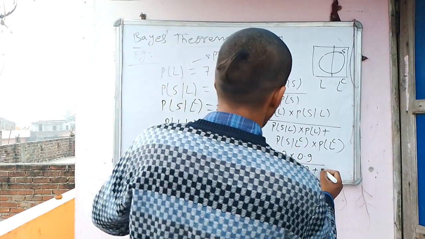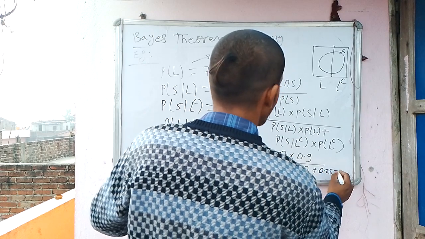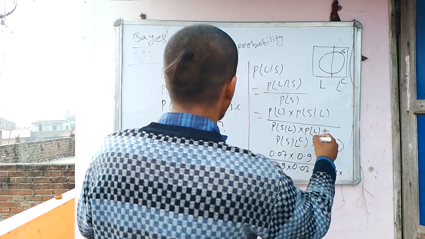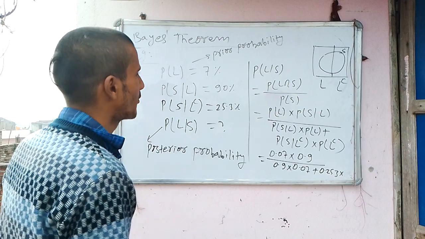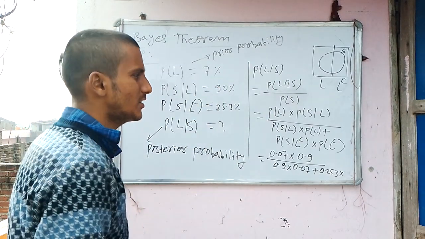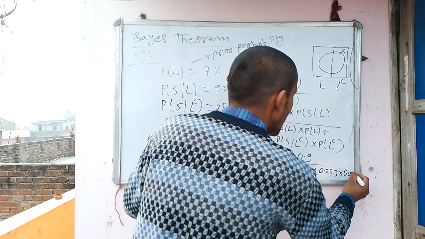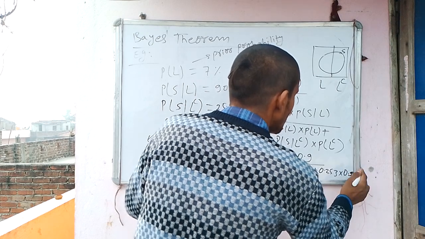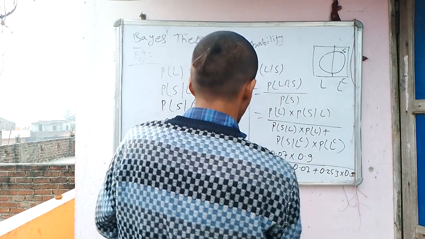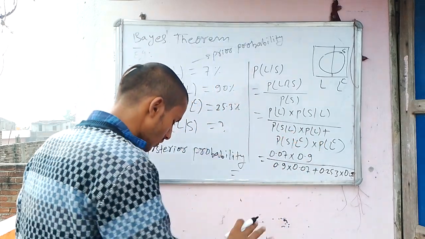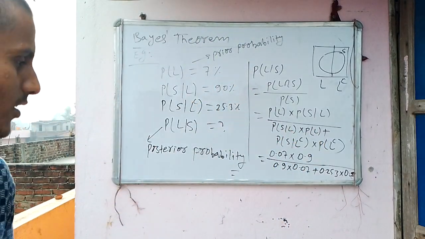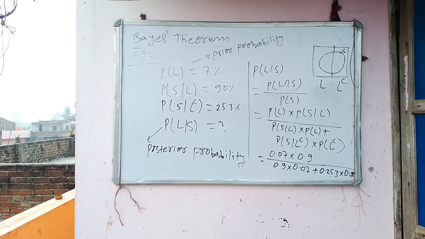This is going to be 0.253 times probability of L complement. What is probability of L complement? 93%, so 0.93. Now, if you compute this, what is that going to be equal to? Just do it in the calculator.